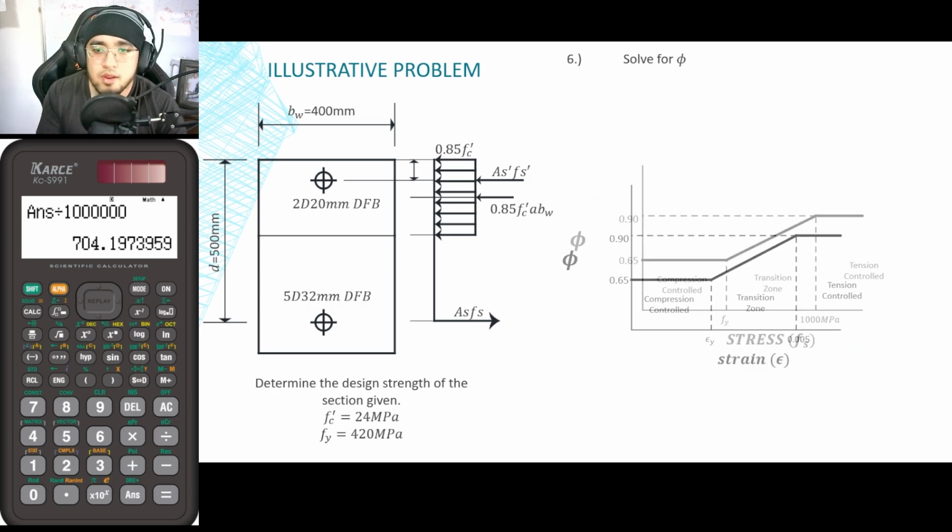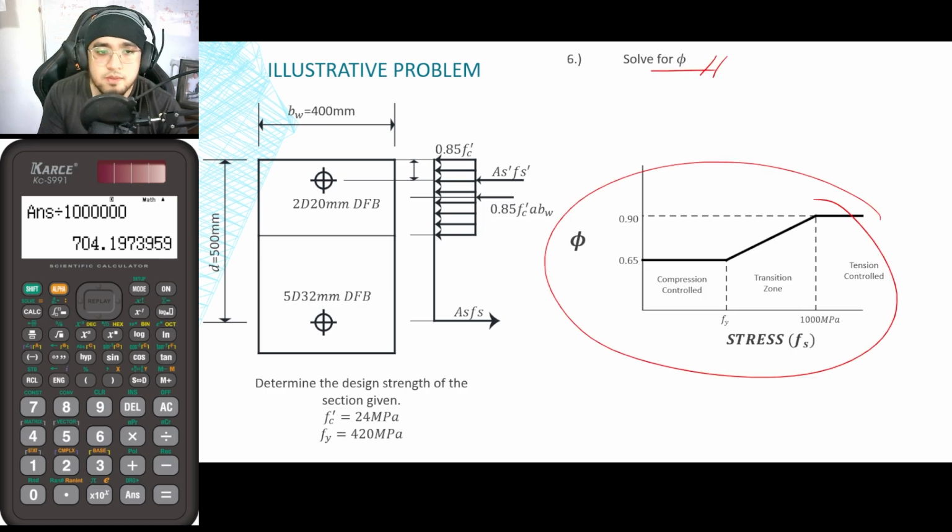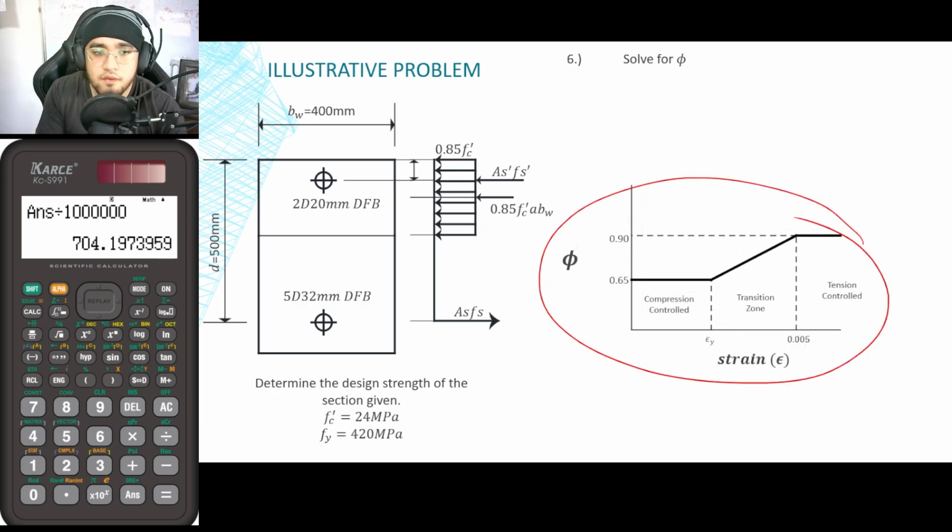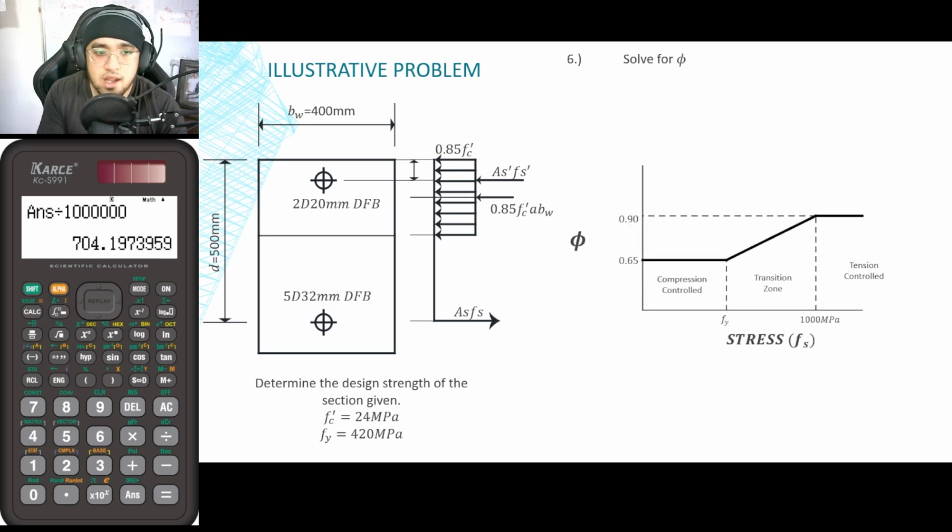Okay, so I would rather make use of this particular table because it is actually easier to solve for the value of Fs than the strain. So again, as you can see here, Fs is now our basis. Actually, we have already solved for the value of Fs earlier. That is 600 times (d minus c) all over c.